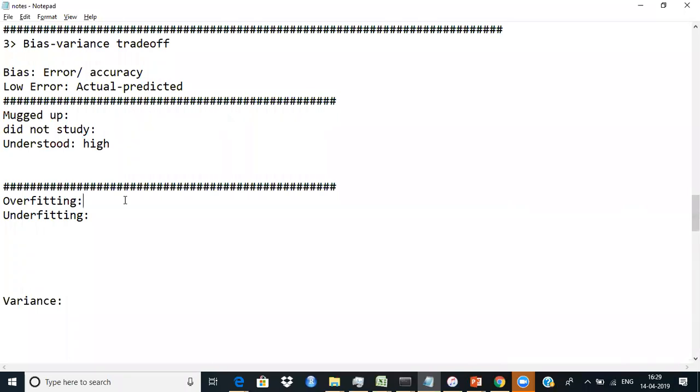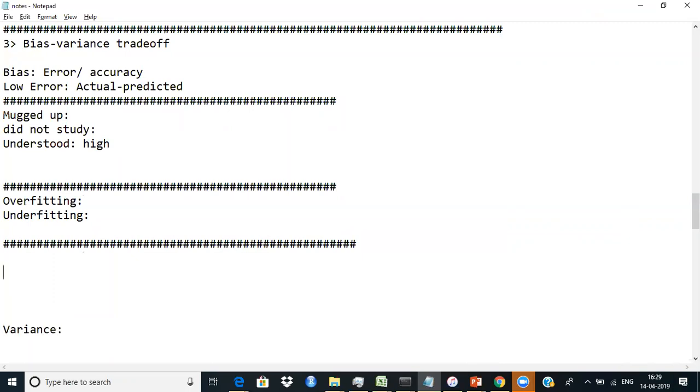Say for example, let's say I have a data where I am trying to predict, say, gender, right? Based on height and weight, right? Let's say in my data, I have 3 variables. So I'm predicting gender based on height, weight, and hair color, right? 3 variables.